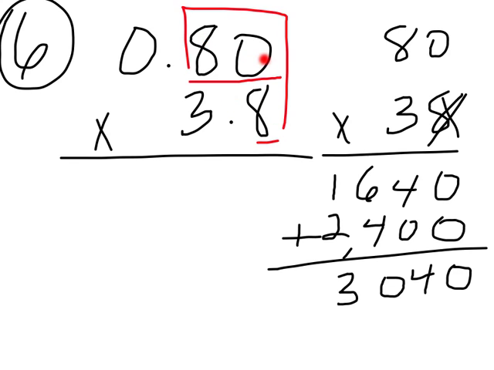So that tells me I need to start over here to the right of my ones place and move over 3 decimal places. 1, 2, 3. And right there is where I'm going to put my decimal point. And that is red. So 3.040. We read that as 3 40,000ths for number 6.